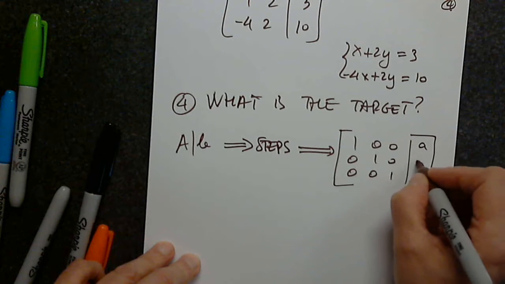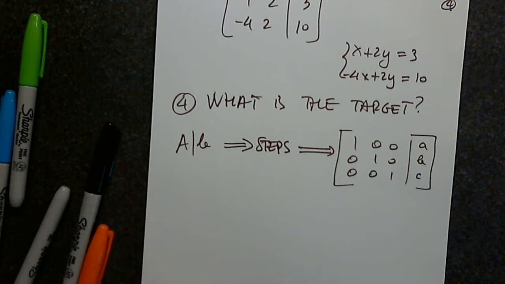As I'm giving some examples here. So if I manage to change the augmented matrix through whatever steps into this, can anyone give us X? Can anyone give us Y? Can anyone give us Z? But the question is, how do I get from there to here? And that's the Gauss-Jordan method.